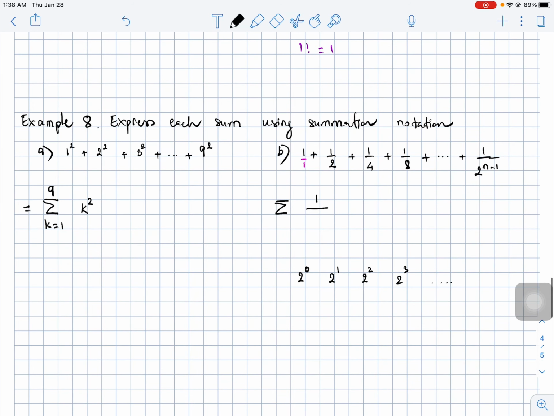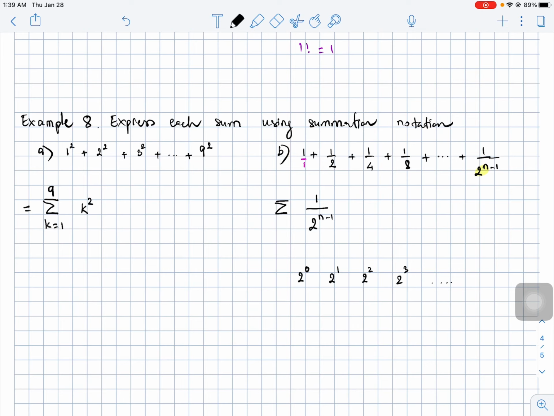So if we have 2 to the n, but because we begin from 2 to the power 0, we need to go 1 unit less. So we have 2 to the n minus 1. That already gives us the form of the sequence.